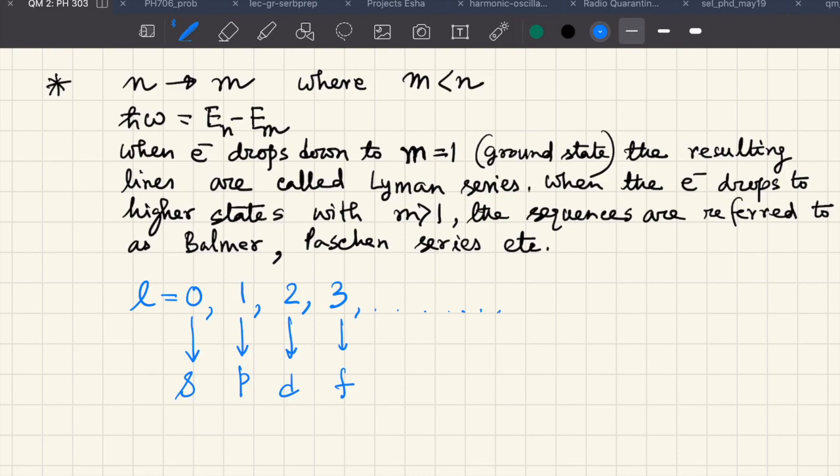These are an old fashioned way of naming, and they come from the observed quality of the spectral lines. This s is nothing arbitrary. The full form of s is basically sharp. P stands for principal, d stands for diffuse, and f stands for fundamental. So just by observing the spectral lines and their nature, people have named these things.